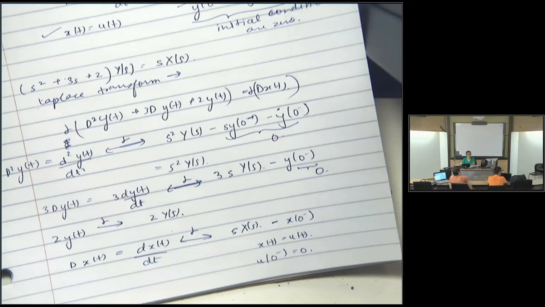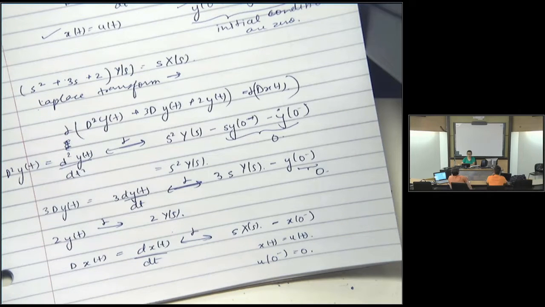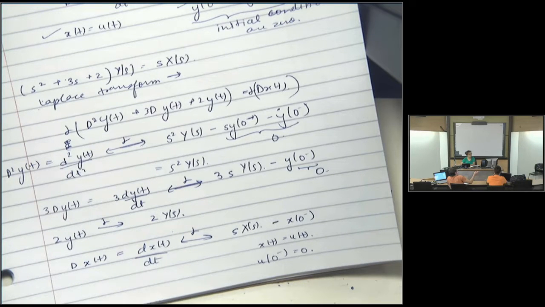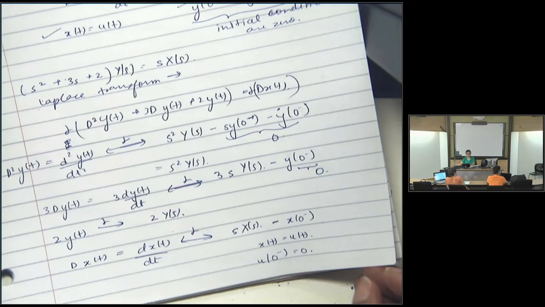But 0 plus is 1, right? We don't care about 0 plus. Our signal starts at 0. Anything before 0 is an initial condition. Anything after 0 is our signal that we want. And in this case, you can do that because they told you it was u of t.